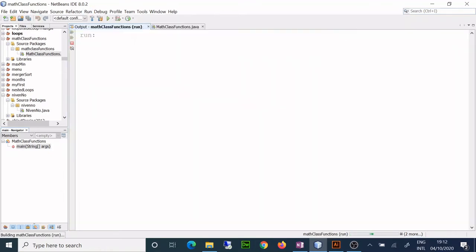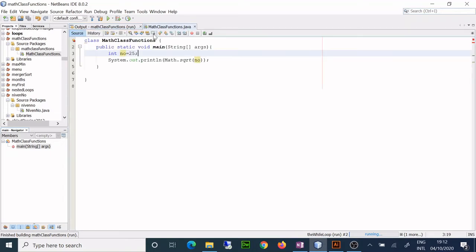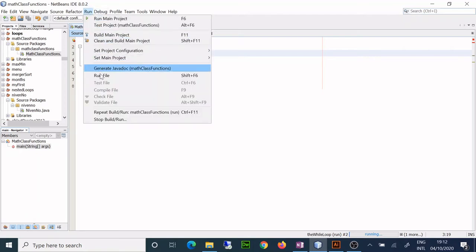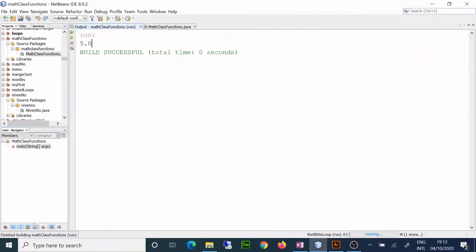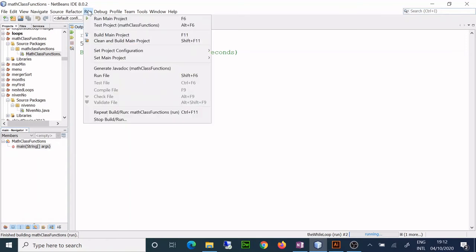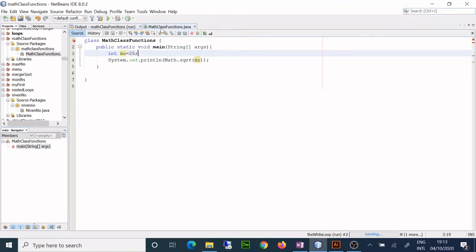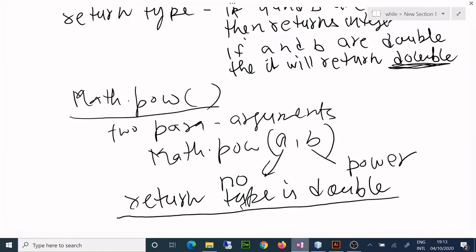So when I run it, you see that. So math.sqrt, what does it do? It basically returns the square root of a number. Just keep in mind math.sqrt's return type is double.